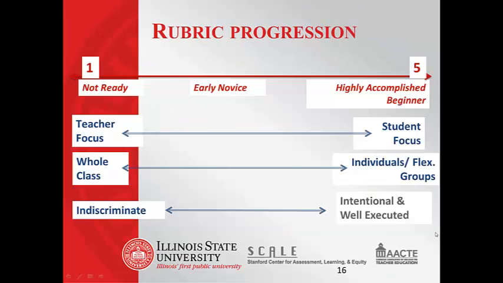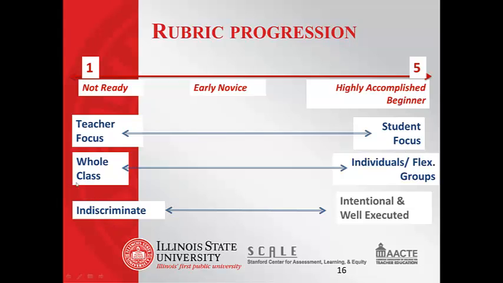The way the rubrics are set up is that we have a progression from 1 to 5. So in some situations, the rubric is looking at where the teacher's emphasis is. Is the teacher focused on the teacher themselves, or are they focused on the students? A teacher that is focused on him or herself is going to be at a level 1. A teacher who is really focused on his or her students is going to be a level 5.